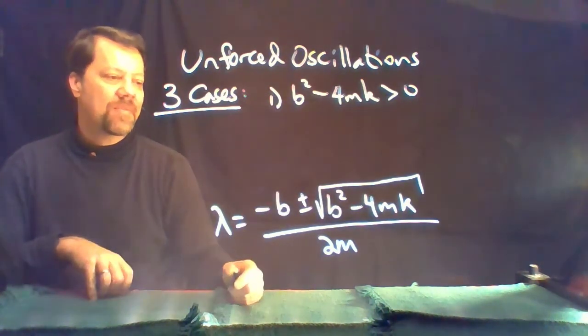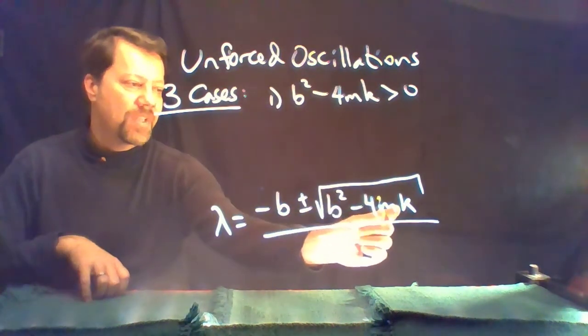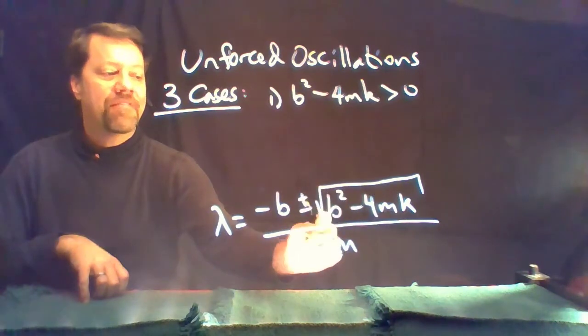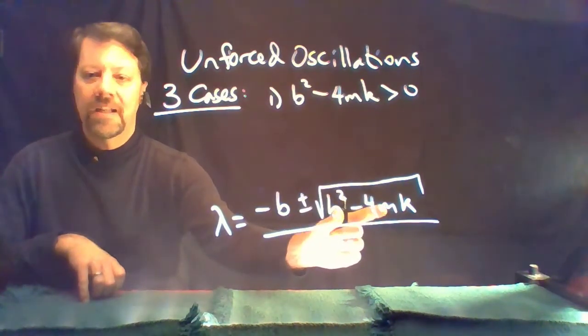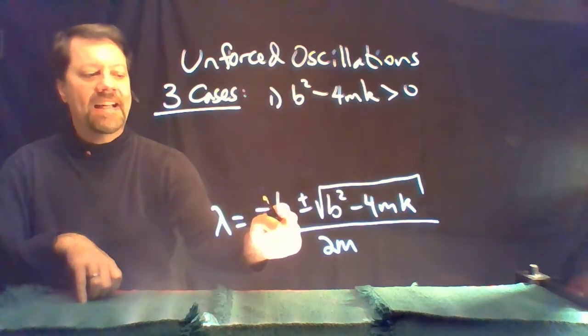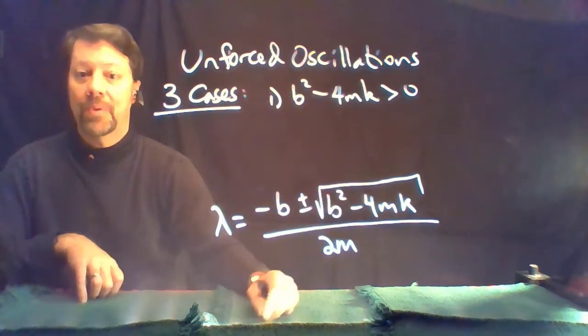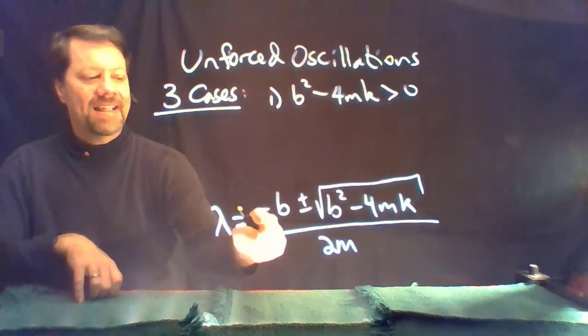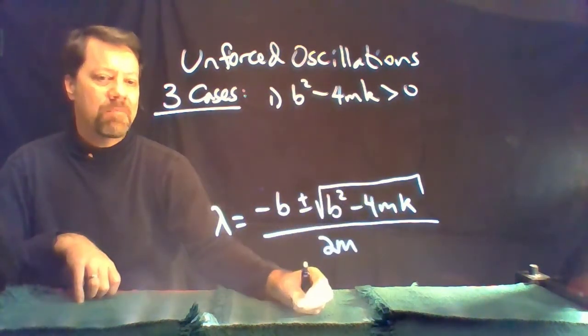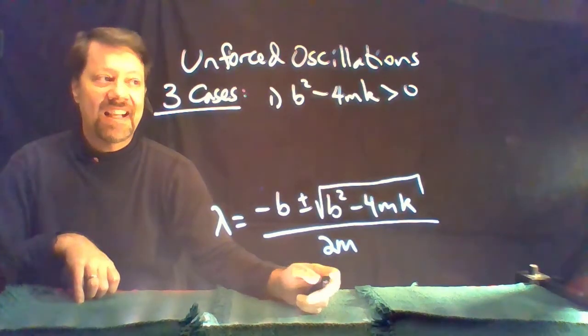In this case, you can also see, because m and k are positive, the value that you get after doing the square root will be smaller in magnitude than b. If we take negative b and subtract something, we're going to get a negative. If we take negative b and add something smaller in magnitude than b, it's still negative.